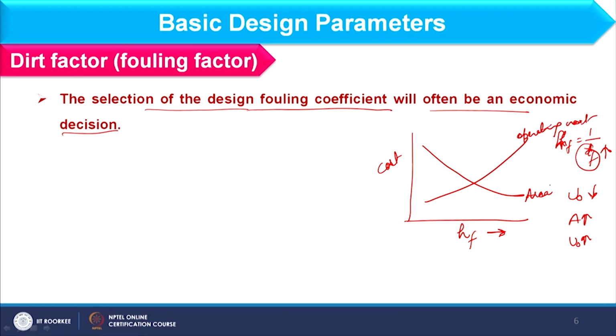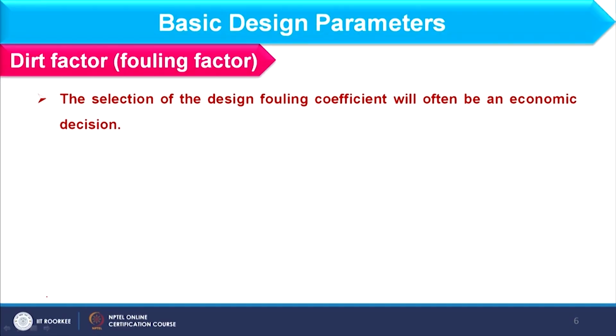This is the area cost and this is the operating cost. So, the optimum HF will be like this, where I have the minimum overall cost. In this way we can consider that the dirt factor is an economic decision.